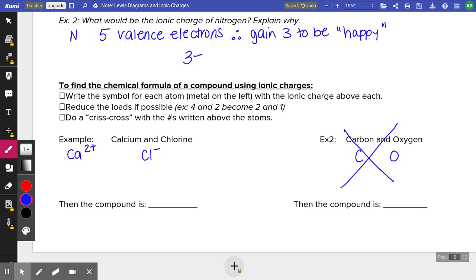All right. So if we think about our Lewis diagrams, think about the transfer of electrons. If chlorine wants to gain one, and calcium has two to give away, we're going to need 2 chlorine to satisfy calcium, right? Almost done.